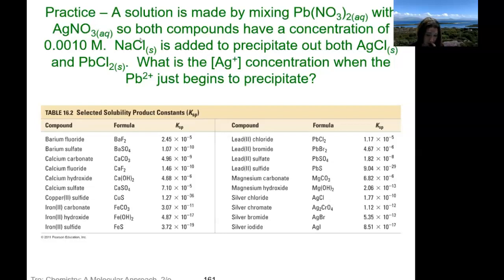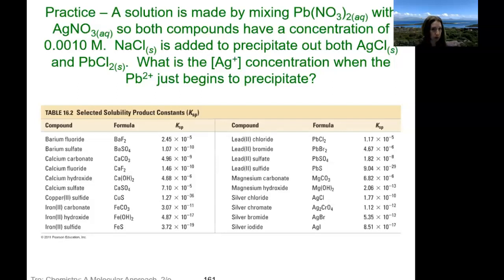So both compounds have a concentration of 0.01 molar. Sodium chloride is added to precipitate out both silver chloride and lead 2 chloride. Okay. What is the silver concentration when the lead 2 plus begins to precipitate?